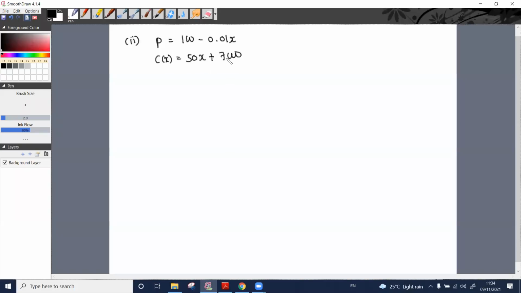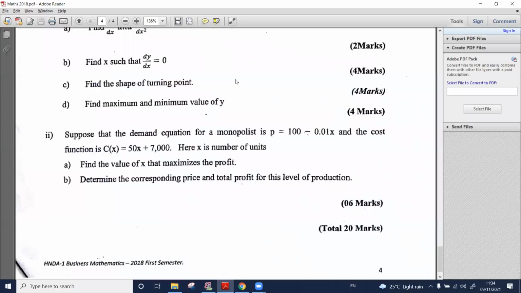This may be the variable cost, and 7,000 may be the fixed cost. Here x is the number of units. Find the value of x that maximizes the profit.